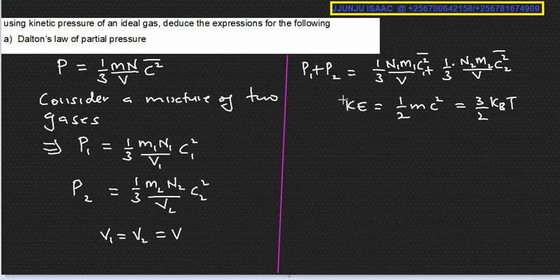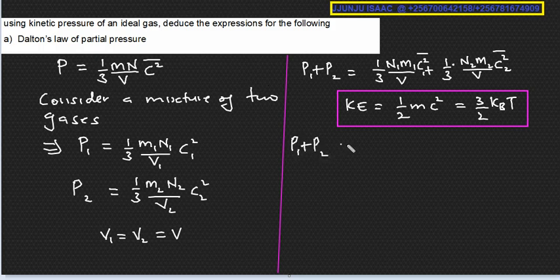This is very important, so we shall find a way of introducing it here. So let us say P1 plus P2. Now I'm going to multiply with the 2 and divide with the 2 in these two terms.